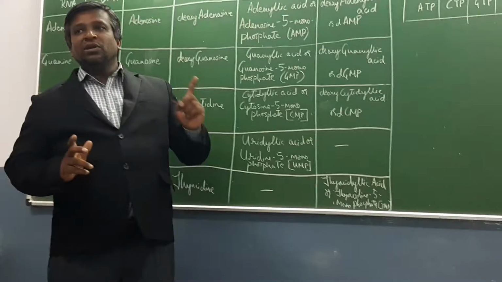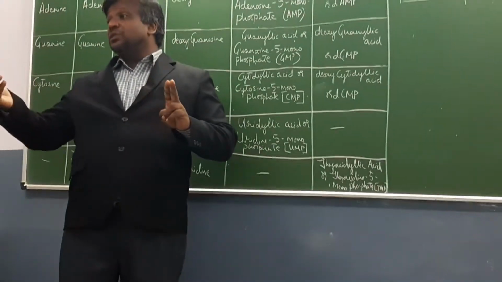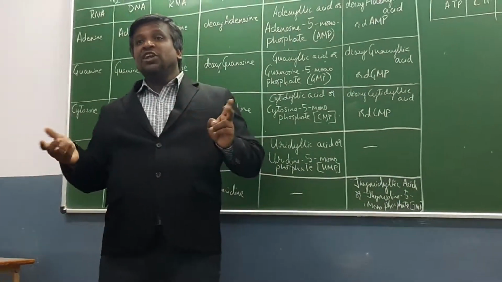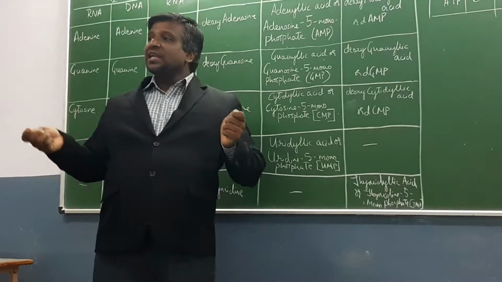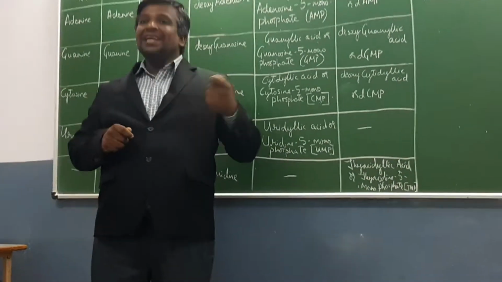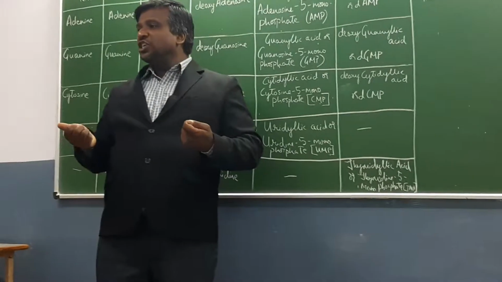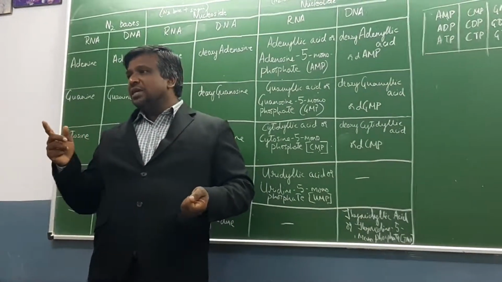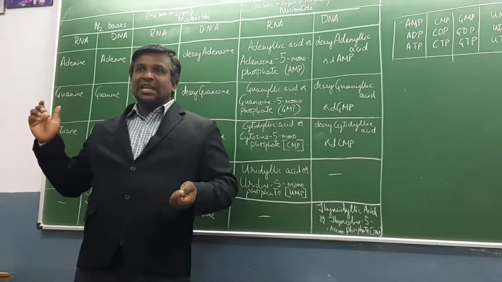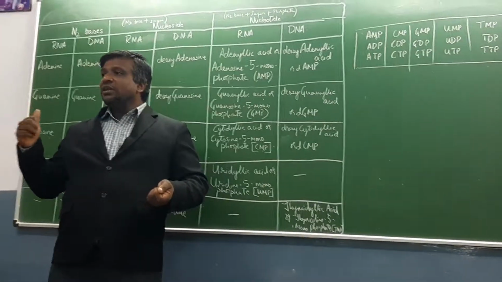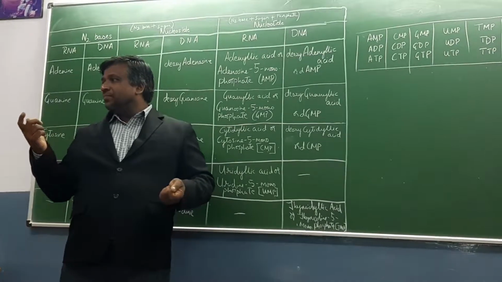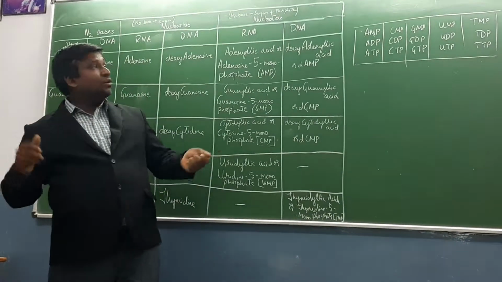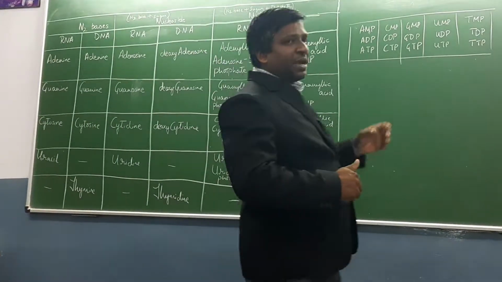You should be able to define a nucleotide, give examples, and differentiate between RNA and DNA nucleotides. A DNA nucleotide will be written as deoxy-AMP, dAMP. We use all those terms, so you should be aware of them.